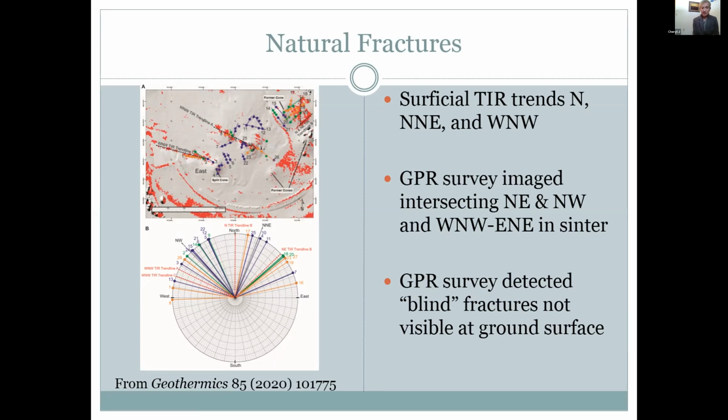And the GPR survey itself imaged intersecting northeast and northwest trends in the shallow subsurface, which is relatively about 3 meters depth, and also saw the same fractures as we did in the GPR survey of the west-northwest, east-northeast trending in the sinter. But one of the things that the GPR survey also did is detect blind fractures that were not visible at the ground surface.